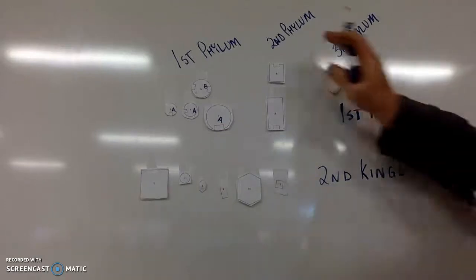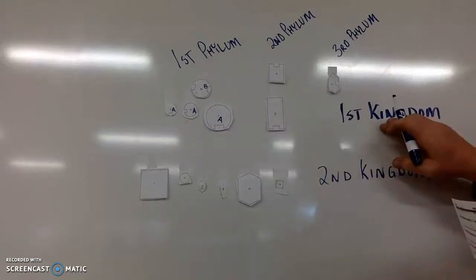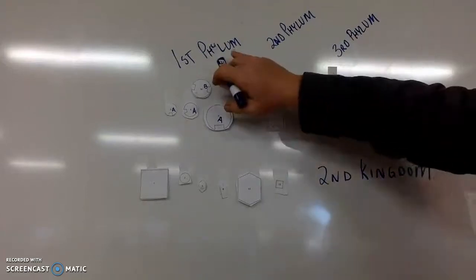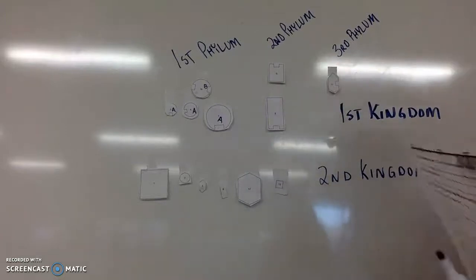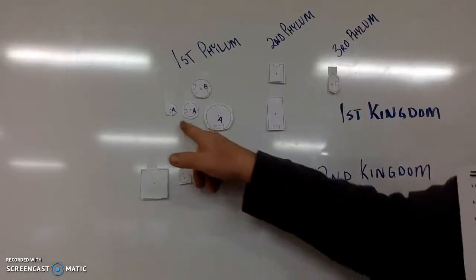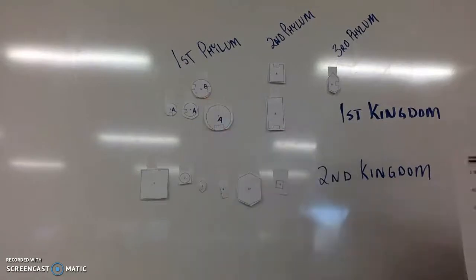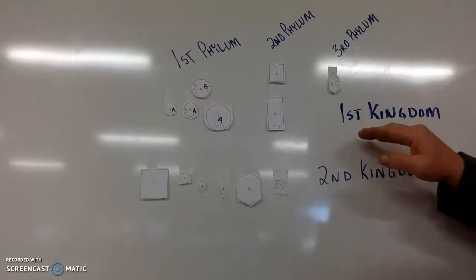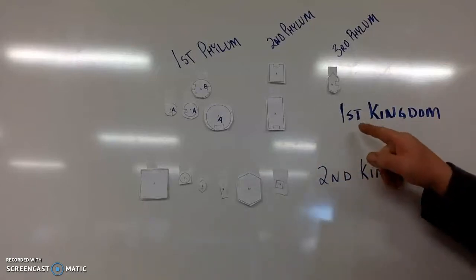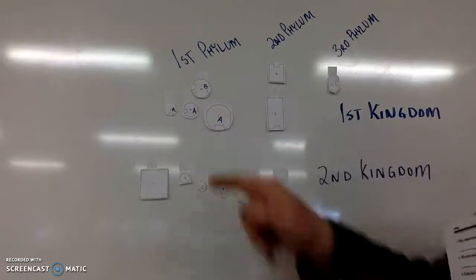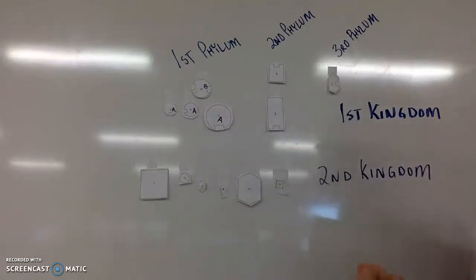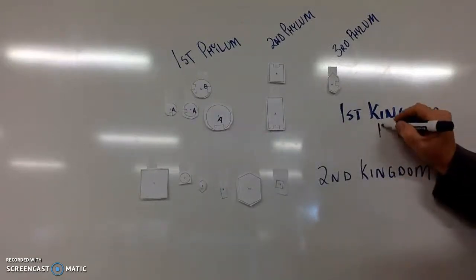All of these belong to the first kingdom. There are 3 phyla in that kingdom, and within the first phylum, there are 2 classes of shapes. Looking at this, these are all the whole kingdom. Every one of these has a notch in it. So we might call this kingdom the notches.